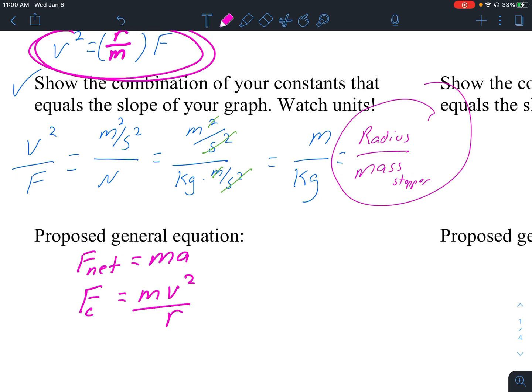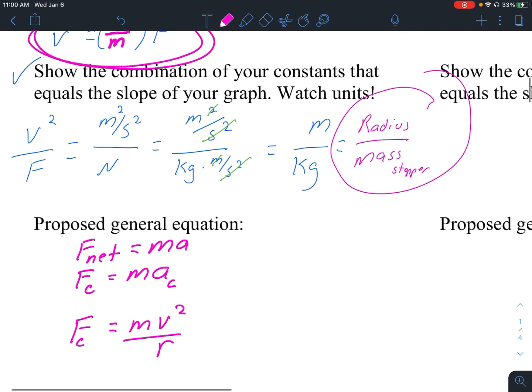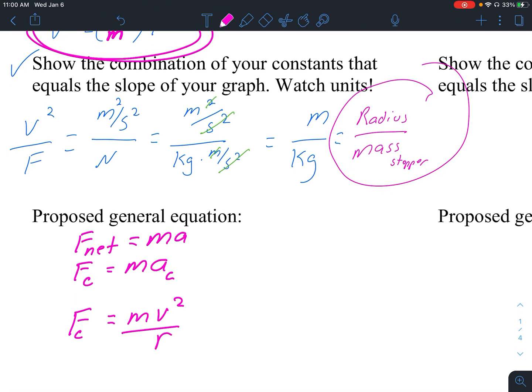We also mentioned, let's move this down a little bit, that Newton's second law for circles is really just the same thing. Mass doesn't change, mass is mass, but it's going to be a centripetal acceleration. In analyzing this, we've also defined an equation for centripetal acceleration.